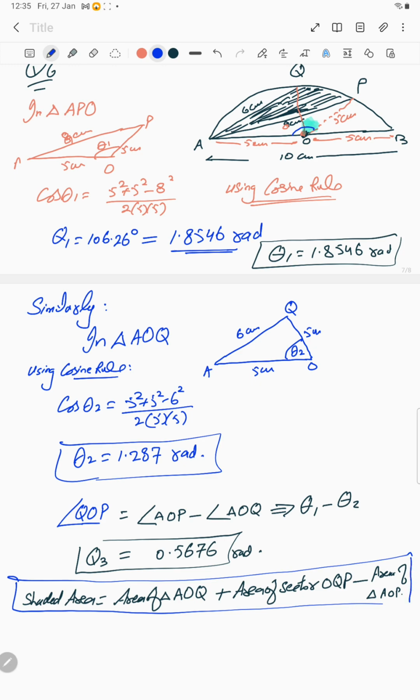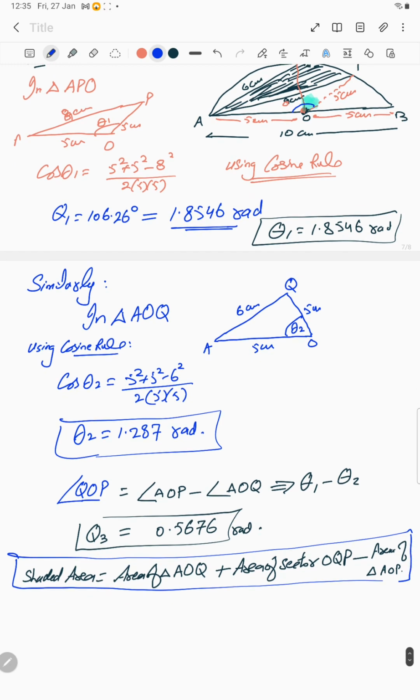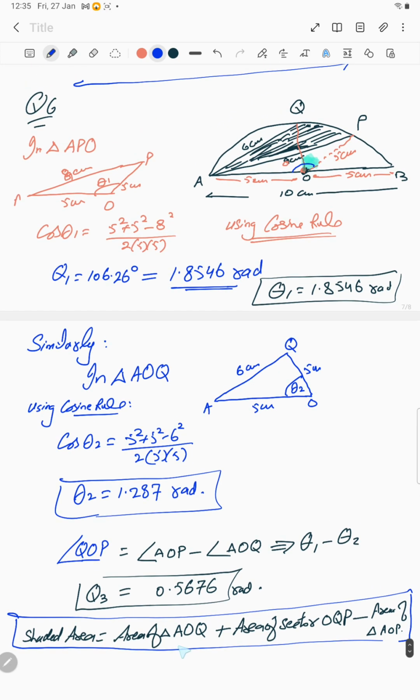You guys can easily understand it after having angles. AOQ, this one, I'm going to draw the figure for you.